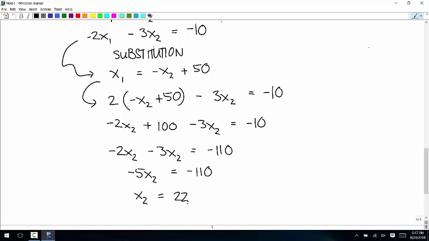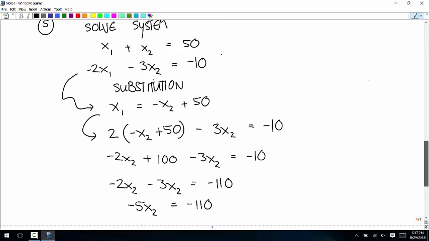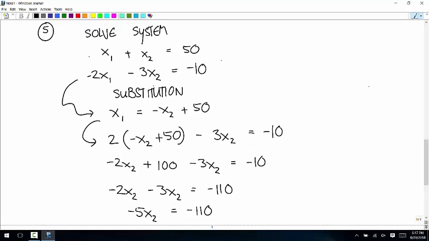Okay, are we done? Almost. We did the hard part, but now we just have to figure out what x1 is, knowing what x2 is. Which one of these equations can we use to do that? Since we started with these 2 things, and we knew those were true, as long as we didn't make any mistakes, everything else is also true. So we can just go to whatever equation makes it easiest to find x1.